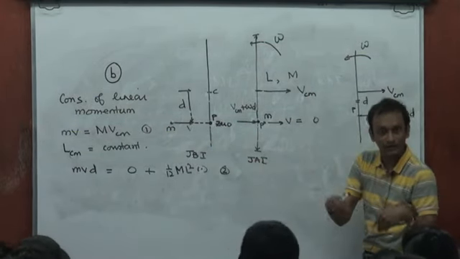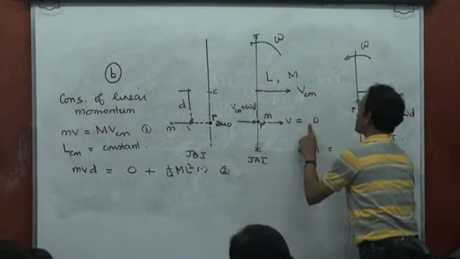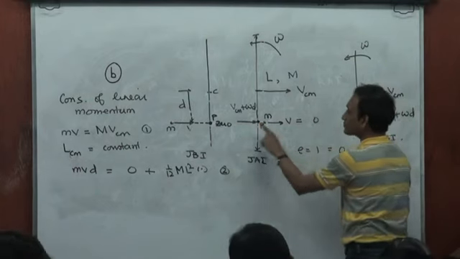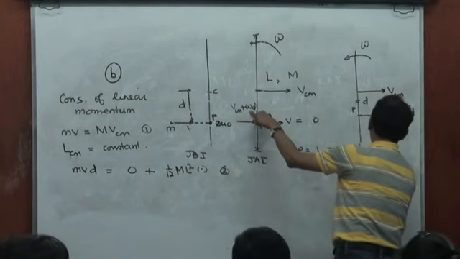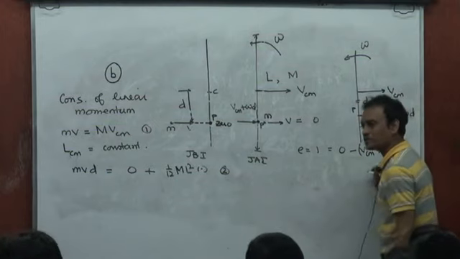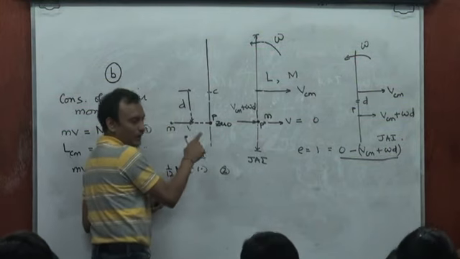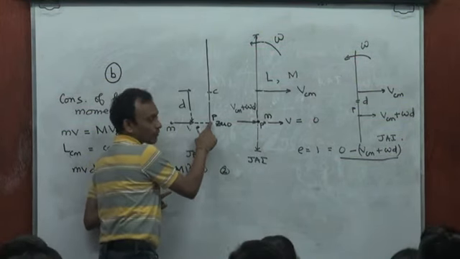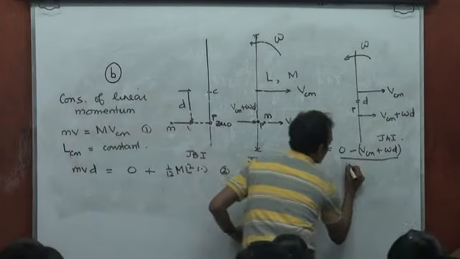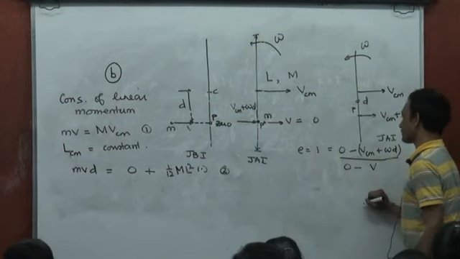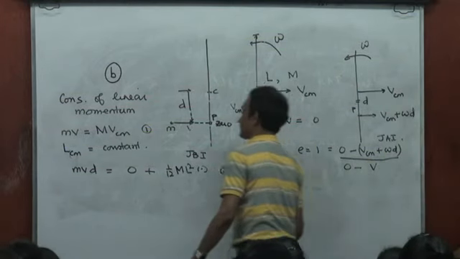So e is 1 means relative velocity of separation, 0 minus VCM plus omega d, divided by the relative velocity of approach, where point P has 0 velocity minus v. That's 1. So it gives me v equal to VCM plus omega d.